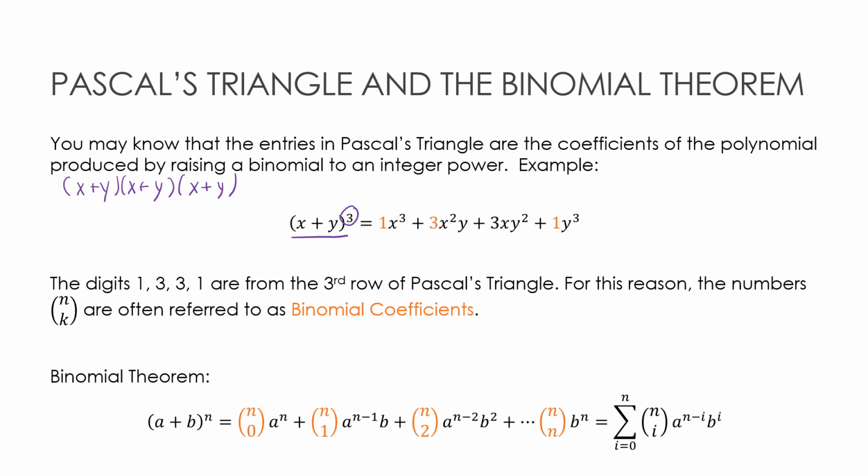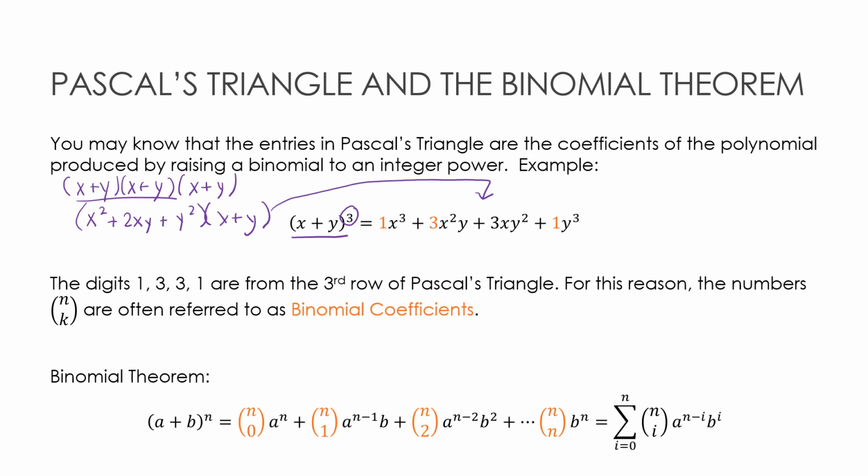And I know that if I were actually going to multiply this out, I would take two of them and FOIL them to get x squared plus 2xy plus y squared. And I would still take it by that last x plus y. And when I multiplied this out, I would end up here: 1x cubed plus 3x squared y plus 3xy squared plus 1y cubed.